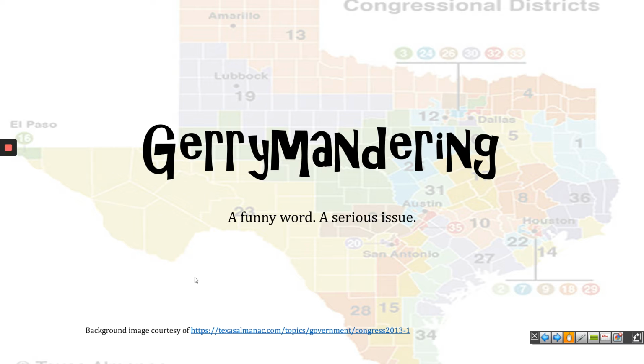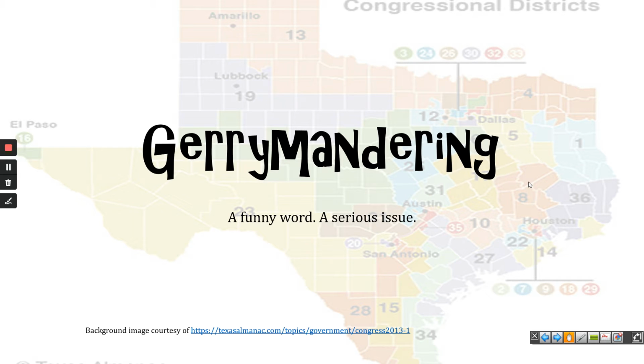Now, before I get into the substance of the lecture, let's look at this map of Texas that I have on the screen. I know I put it pretty faded so I can type over it, but I think you can see it well enough for our purposes. First of all, these are Texas's congressional districts.